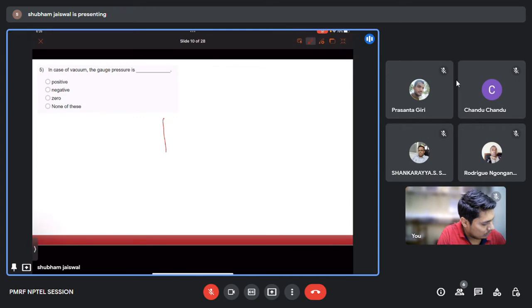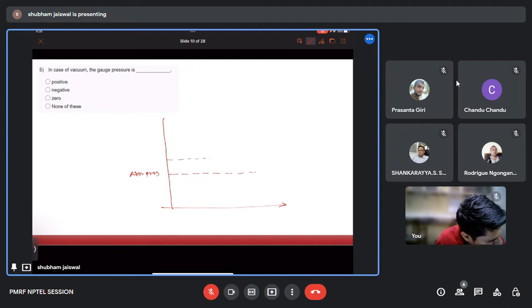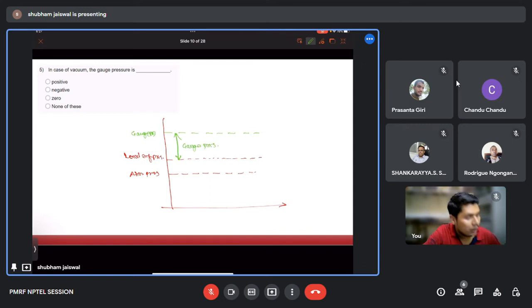I will draw the scales. Let's say this is our atmospheric pressure, this is our local reference pressure, and at the top we have gauge pressure.